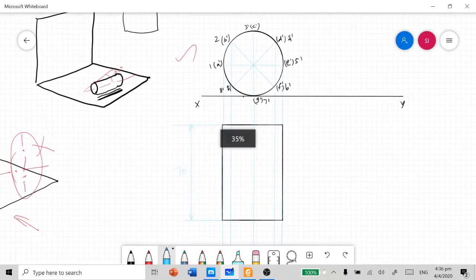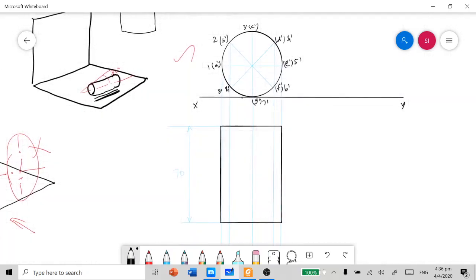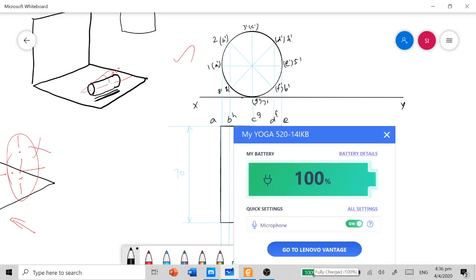Based on the names we have given in the front view, starting from A, B, C, D, E, F, G, H.